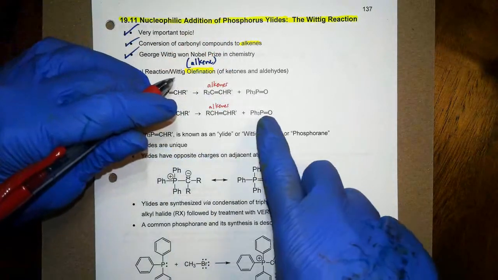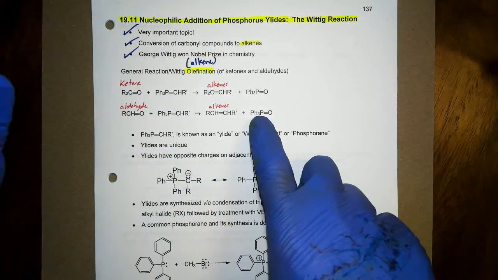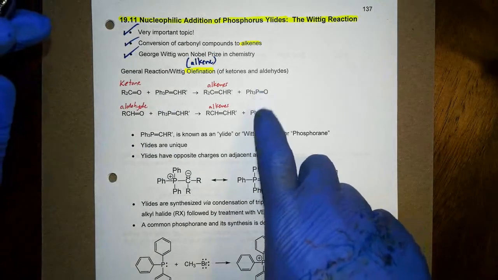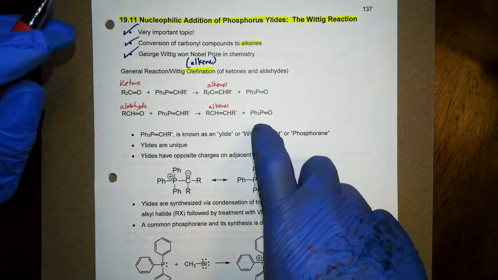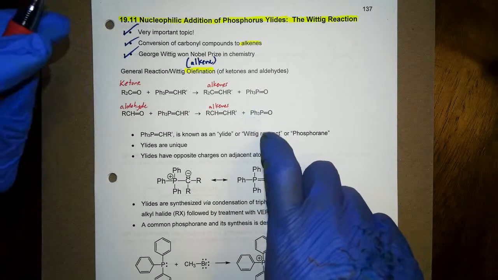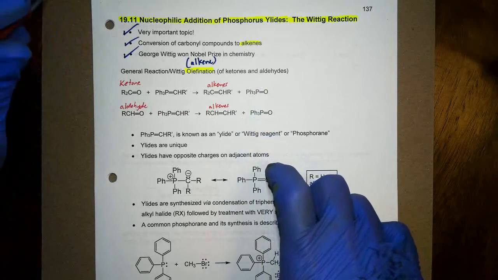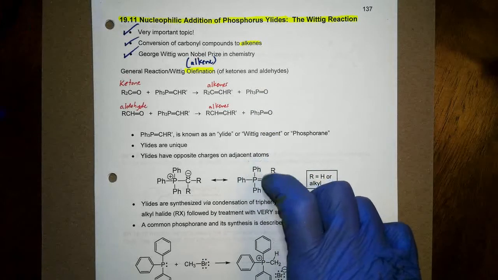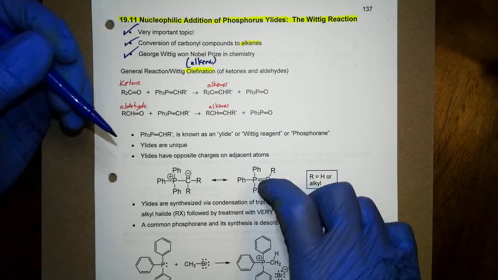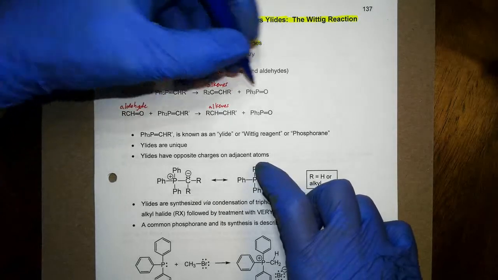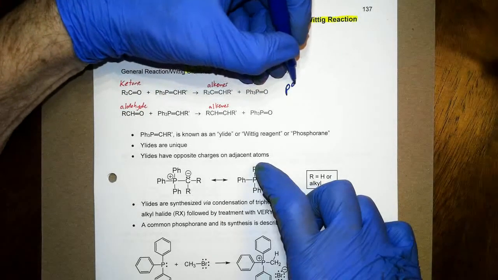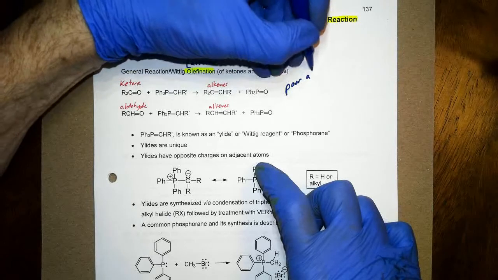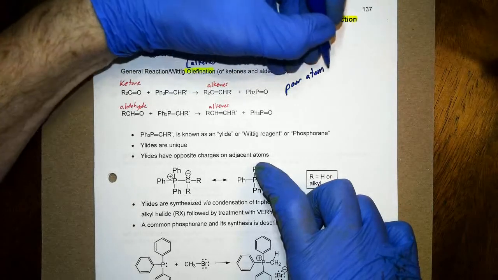And of course, you have very poor atom economy, because you end up with all these byproducts with a molecular weight usually greater than the alkene itself. So one thing that we always said about the Wittig reaction, even though it's one of the best, is the very poor atom economy.